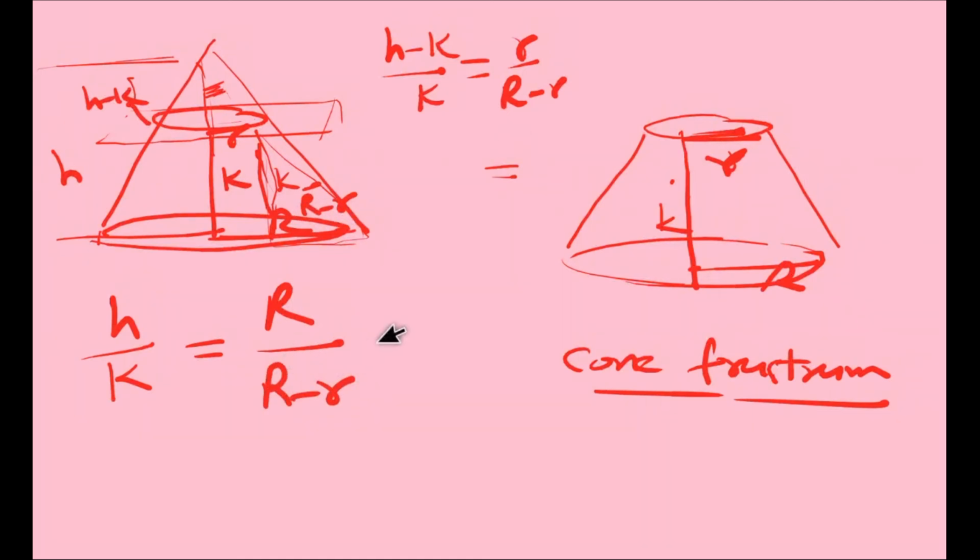Using these two ratios, we can find the volume of this frustum and also the curved surface in terms of k and small r and capital R. Using this ratio, we can remove the letter h and find the volume of this cone using small r, k and R.